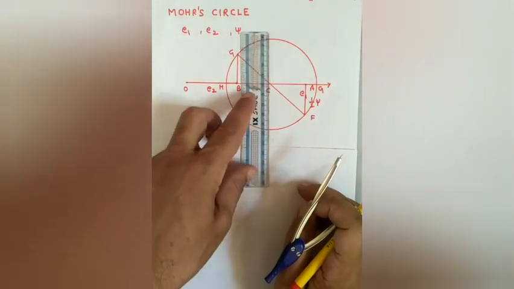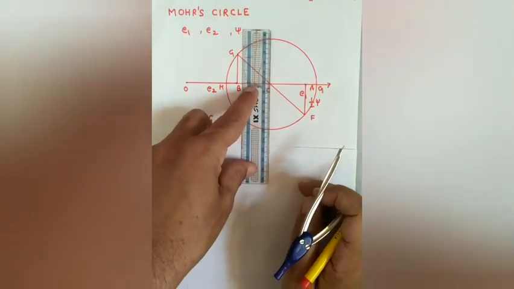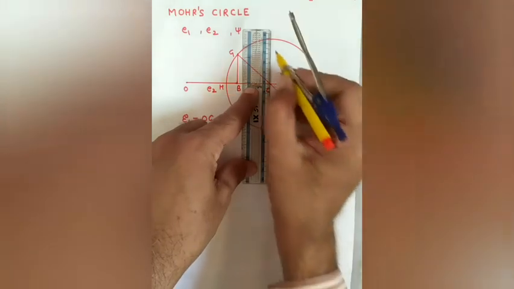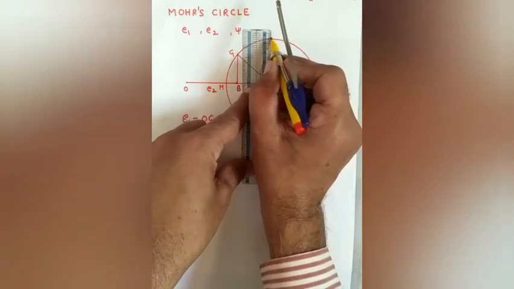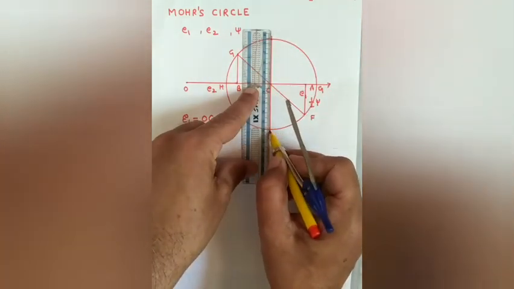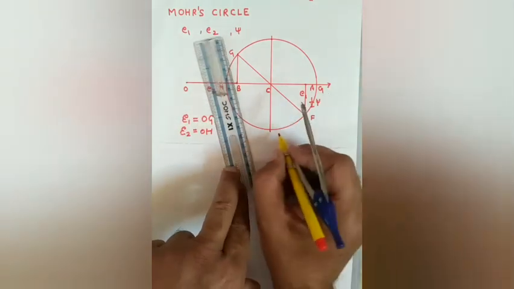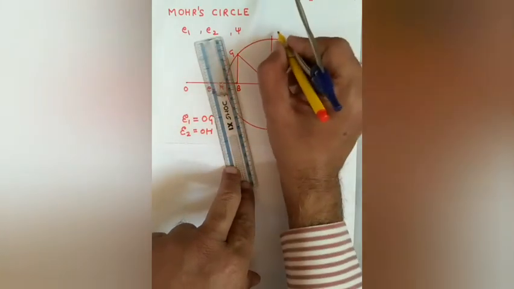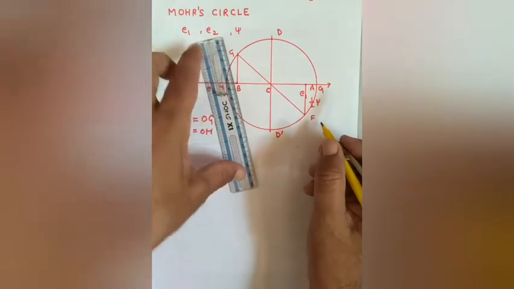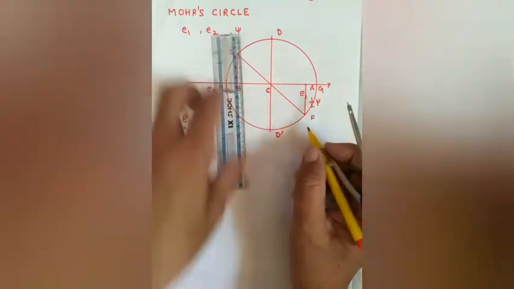Similarly, maximum and minimum shear strains will be obtained by the intersection of the y-axis. So D dash and D are the intersections of the y-axis and the circle.